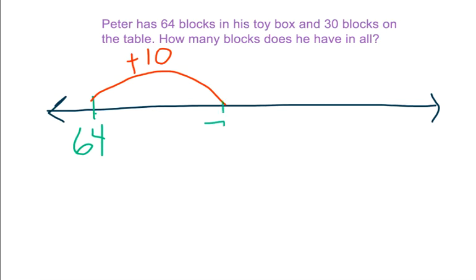So 74, I've gone 10, and I need to go 30. So I need to go 20 more. So I need to make 2 more jumps of 10.